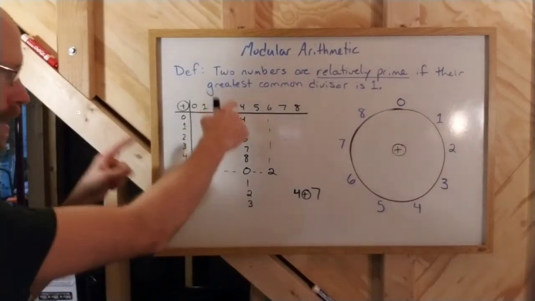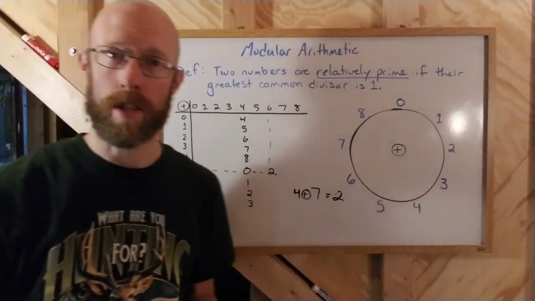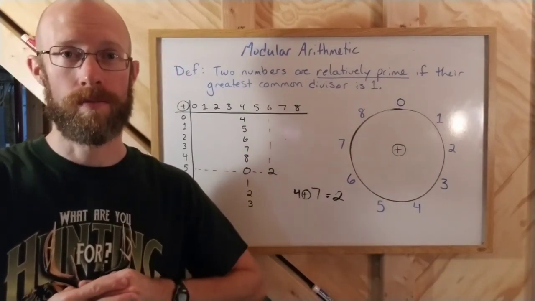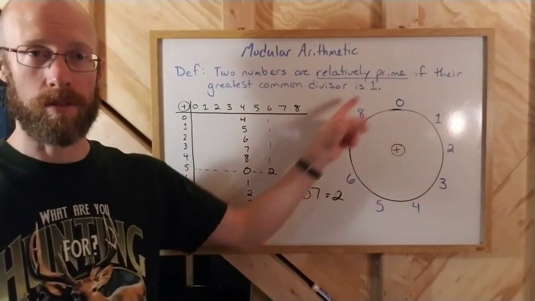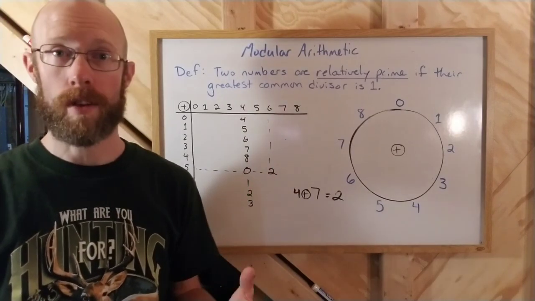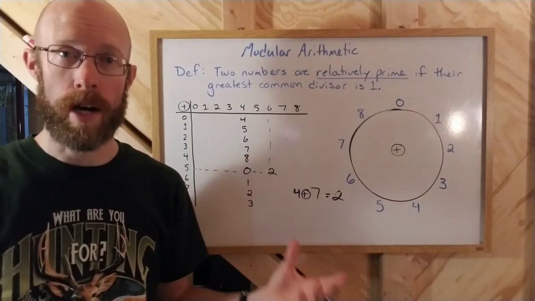Then you would just go to the table and you'd find, aha, that's 2. And so then you don't have to do the calculation. The table kind of has the calculations done for you. So just a few different ways: you can count on a clock, you can use a predetermined table, or my favorite is to use the remainder off of a division to get you the solution to modular arithmetic.